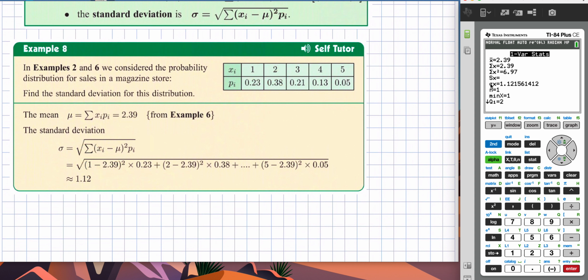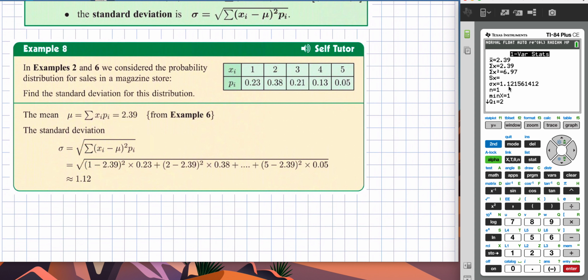If we go down to this value that's down here, which is the standard deviation, we get 1.12. There's our 1.12.